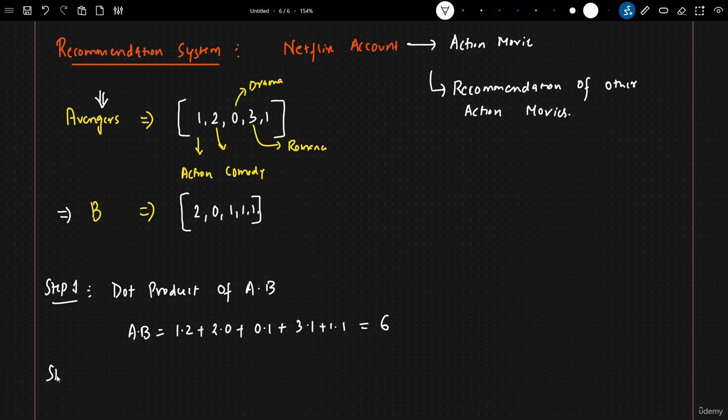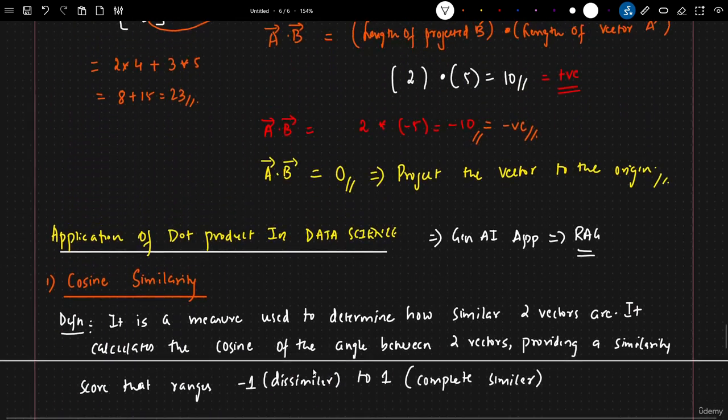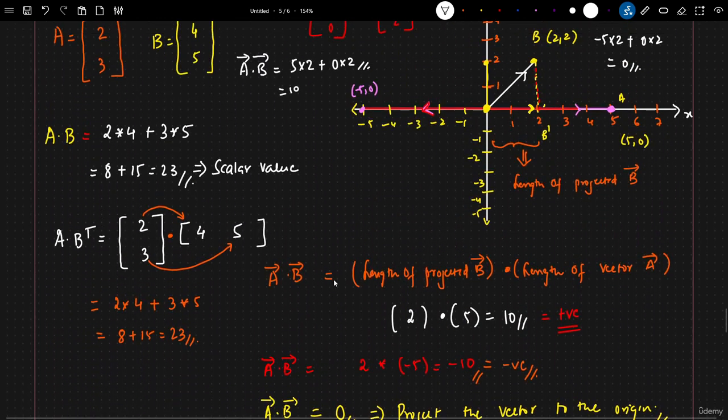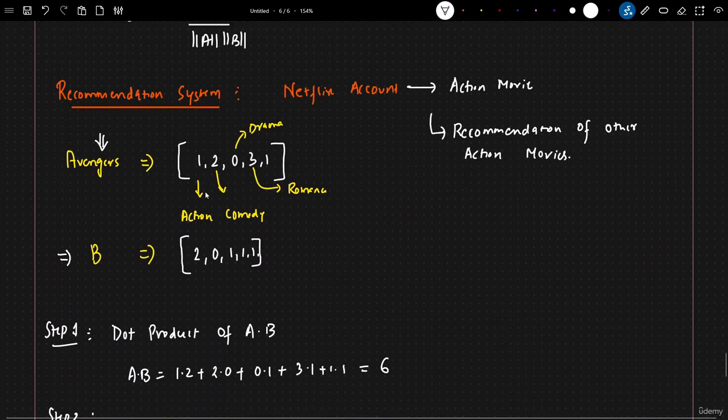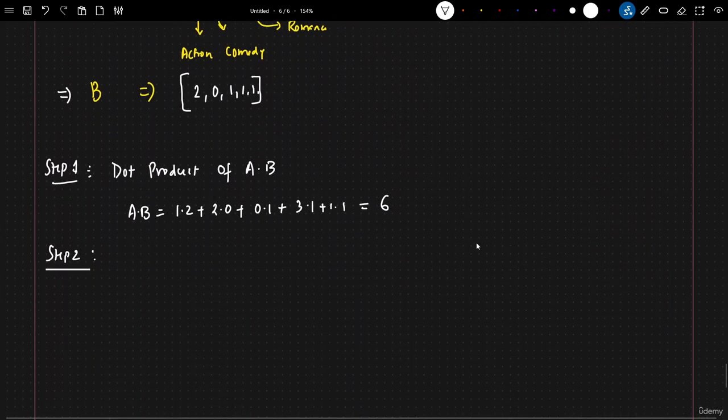The second step, with respect to the formula, is that we need to compute the magnitude of A and B. Now what exactly is magnitude, and how do we calculate it?